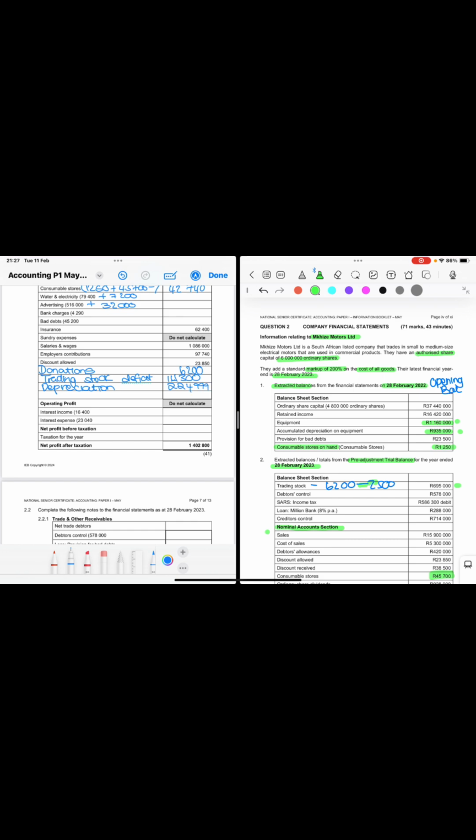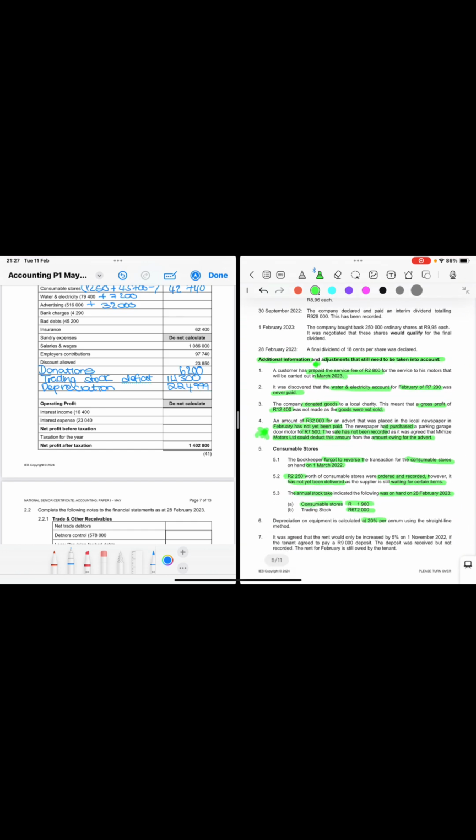224,399. Okay, let's continue. We are told that it was agreed that rent would only be increased by 5% on the 1st of November 2022. The tenant agreed to pay a 9,000 deposit. The deposit was received but not recorded.